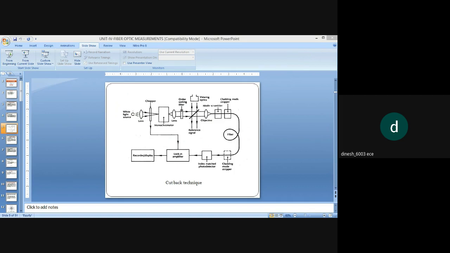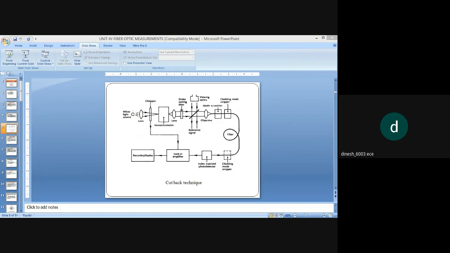Here we have a light source, or an optical source, which is illuminated by an LED or a laser, so that it falls on a lens. So this is your lens. On this lens, using a chopper, the signal is chopped such that the light converges at a point in your monochromator.